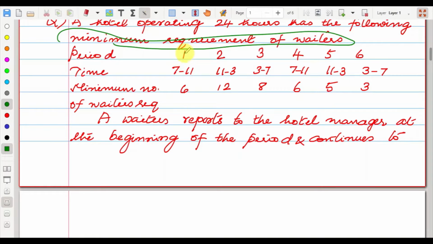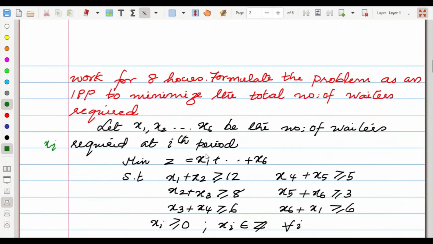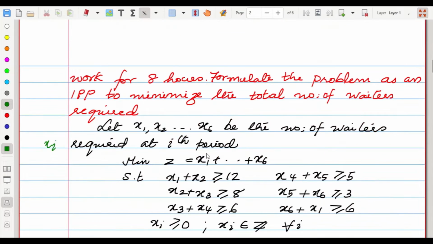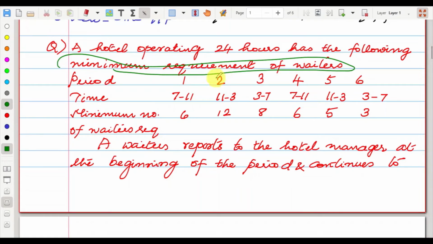So what is the next step? Constraints. Here at the first period, that is the time between 7 and 11, we are having 6. During this time, we have 12 workers. That means during this time we have x1 workers, during this time we have x2 workers.